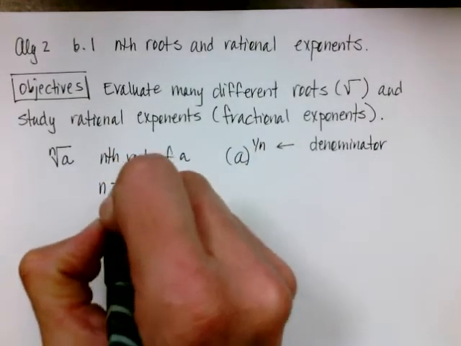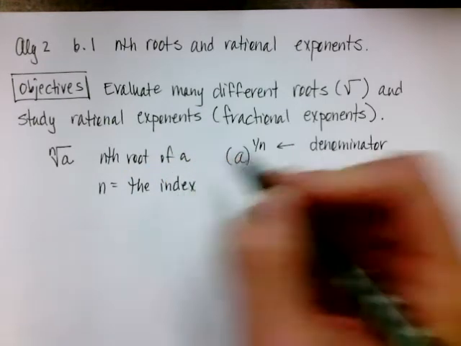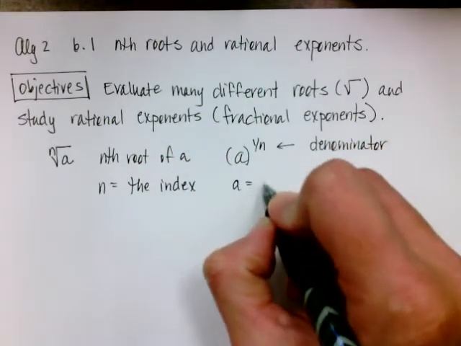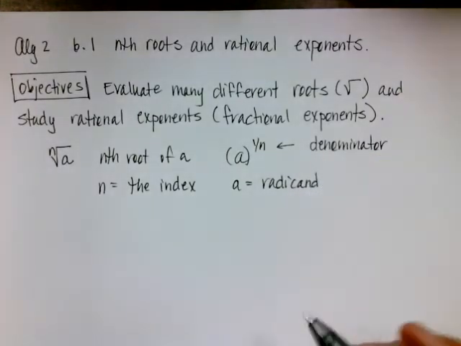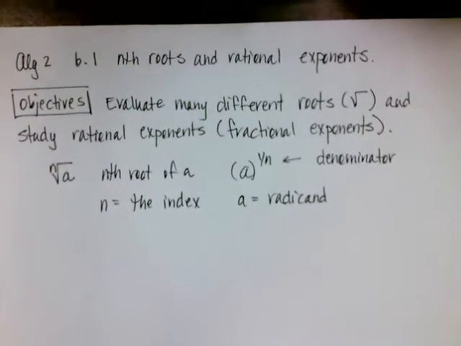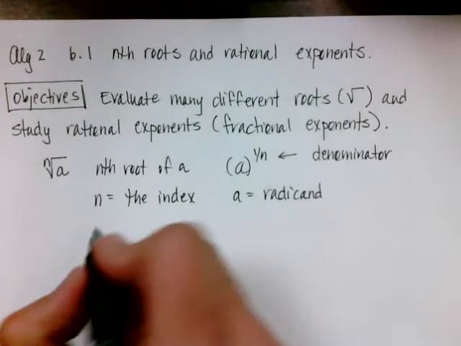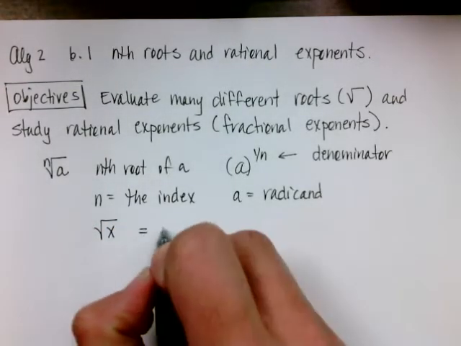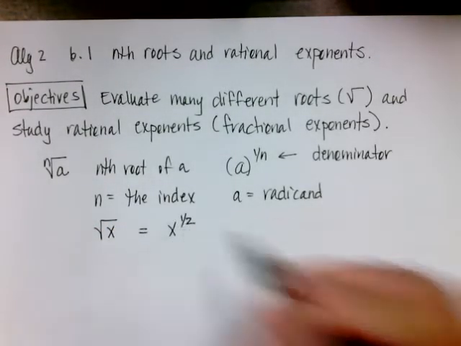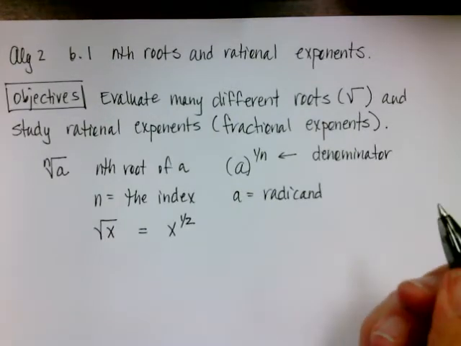So n is called the index, and a is called the radicand, which means basically the number underneath the house. For example, if I took the square root of x, I could write that as x raised to the 1/2 power. So those two things mean the same thing.